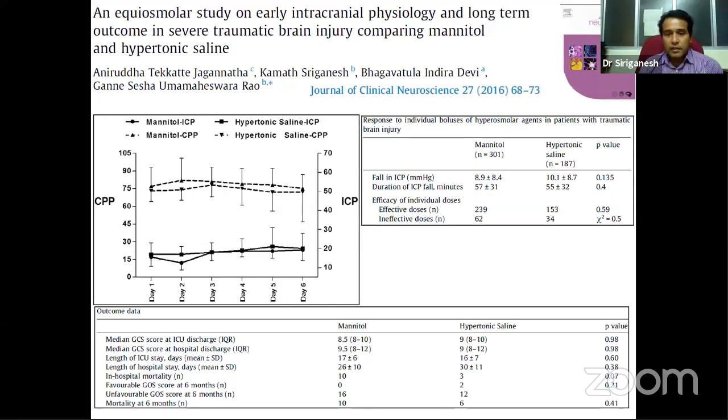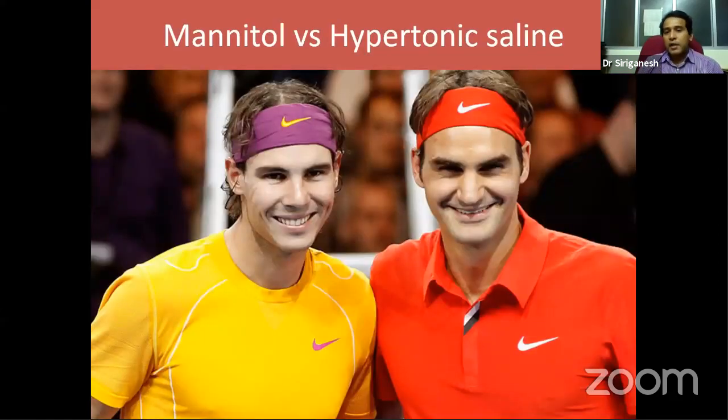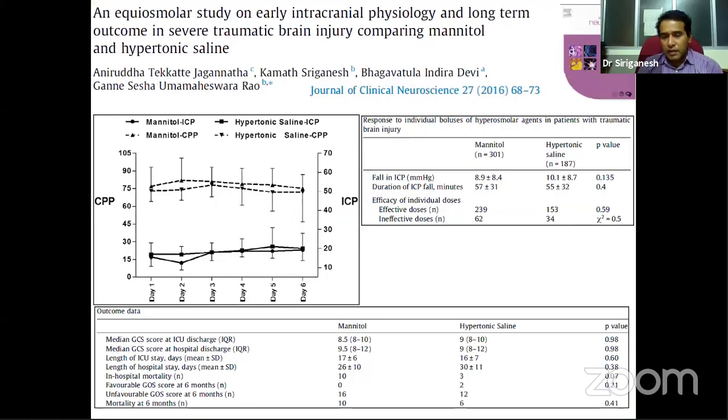So this is our own study. We had about 32 patients, and we did not find any difference in either ICP or CPP in the intervention period, or even long-term outcomes, mortality at 6 months and Glasgow Outcome Scale score at 6 months. So both are equal. There are several meta-analyses also published subsequently after the guidelines were published, which showed no difference between mannitol and hypertonic saline in bringing down the ICP.